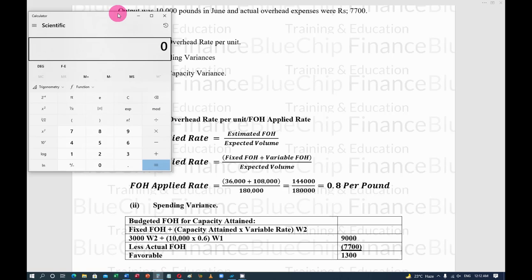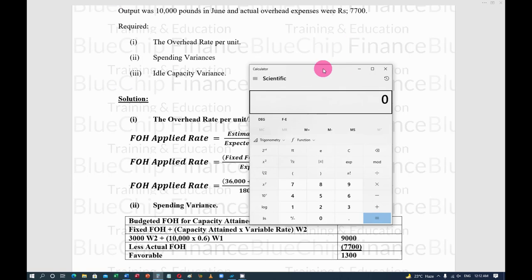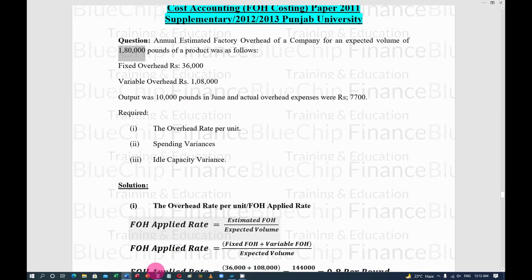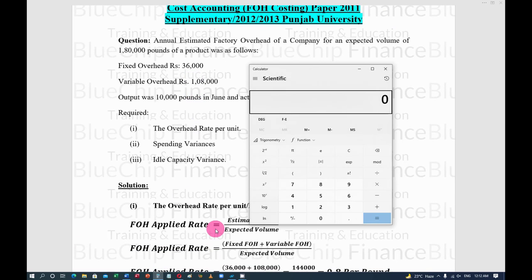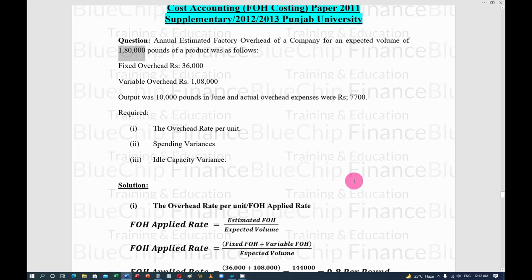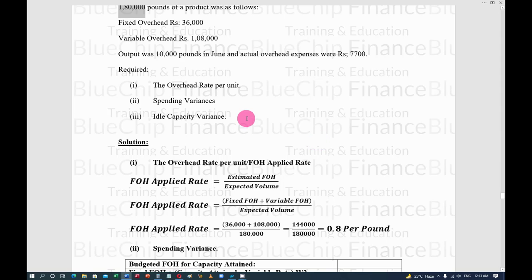For example, your fixed overhead is 36,000, and 36,000 divided by 180,000 is 0.2, and your variable rate is 108,000 divided by 180,000, that is 0.6. So 0.6 is the variable rate and 0.2 is the fixed rate. So the next requirement is to calculate spending variance.